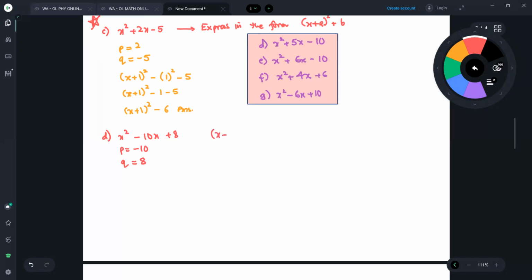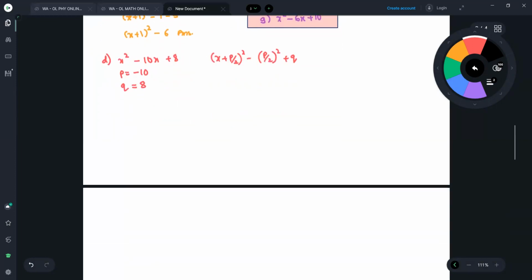And the formula is x plus p upon 2 whole square minus p upon 2 whole square plus q. Very good. Now let's start. It's going to be x minus 5 whole square. Yes or no? Yes, sir. Then minus minus 5 whole square plus 8. And then x minus 5 whole square minus 25, because minus 5 whole square is plus 25.